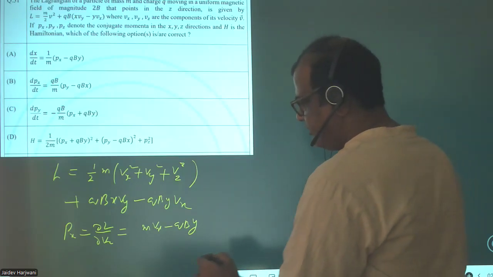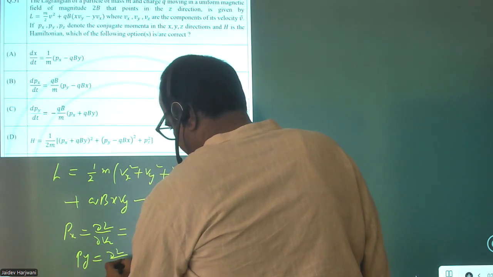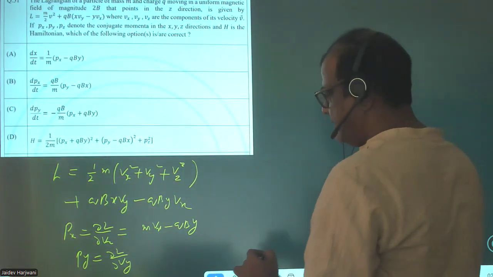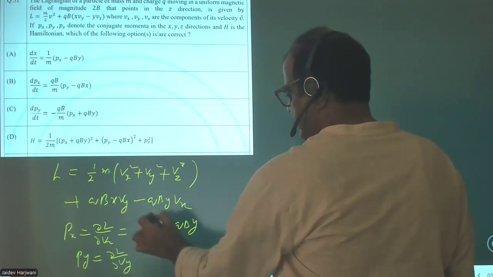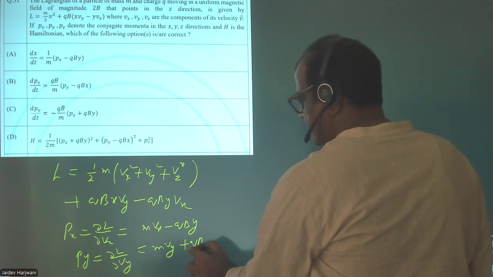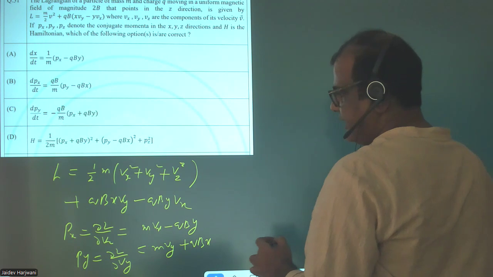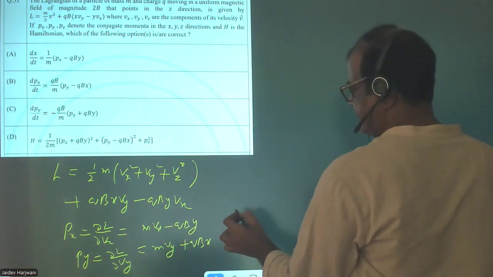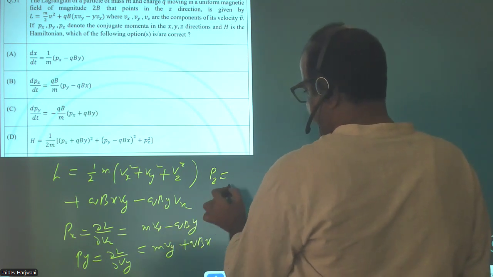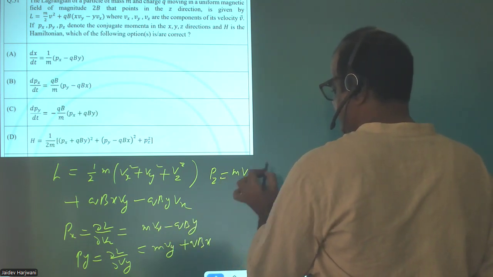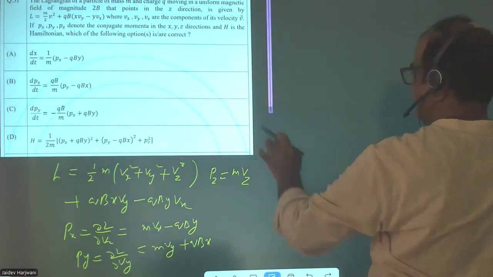Similarly, if I write for py, del L upon del vy, this will be m vy plus q B x. And now I can write the same for pz also. So pz will be simply m vz.